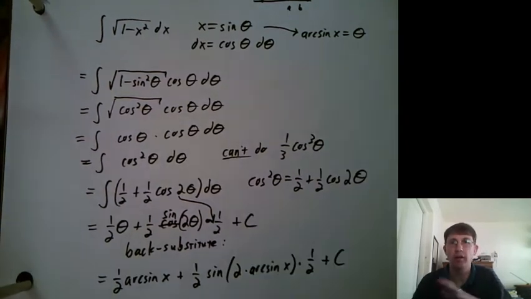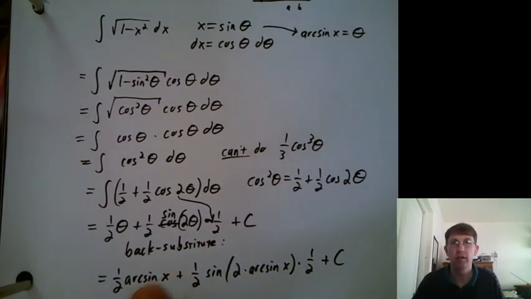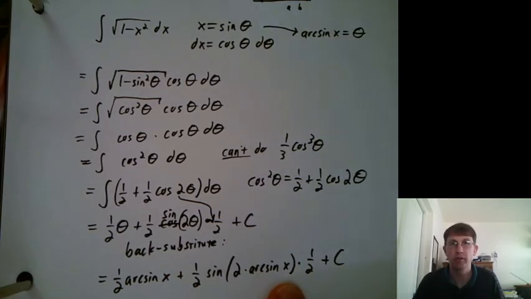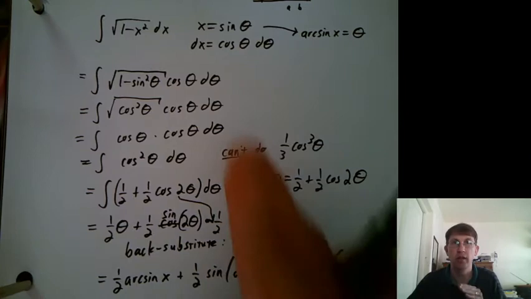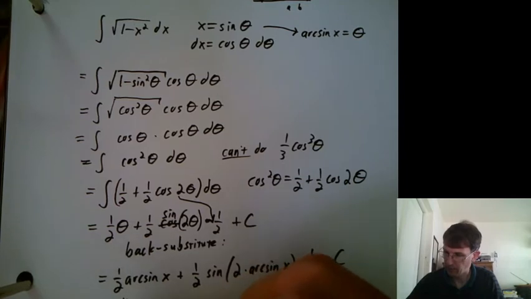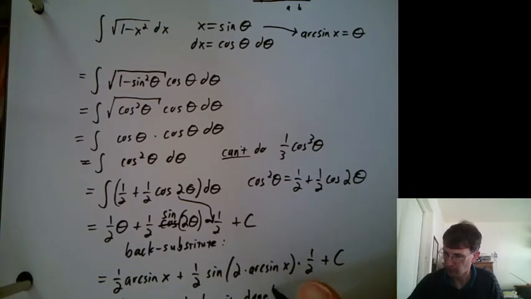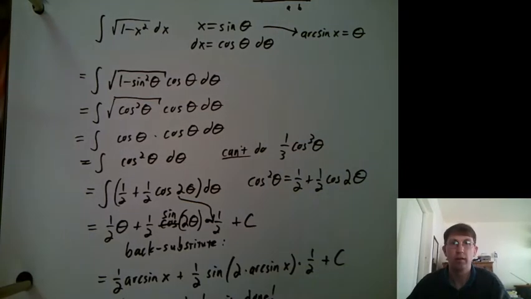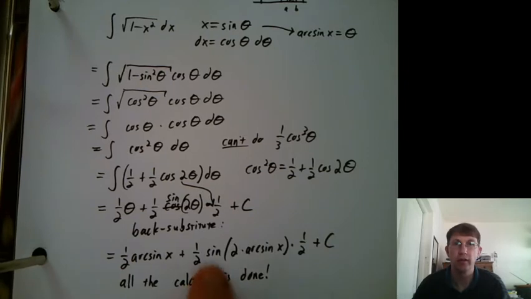And at this point, all the calculus is done. We can type this into Desmos, and maybe we'll go do that and make sure that its derivative is the square root of 1 minus x squared. But don't think that this video is done.